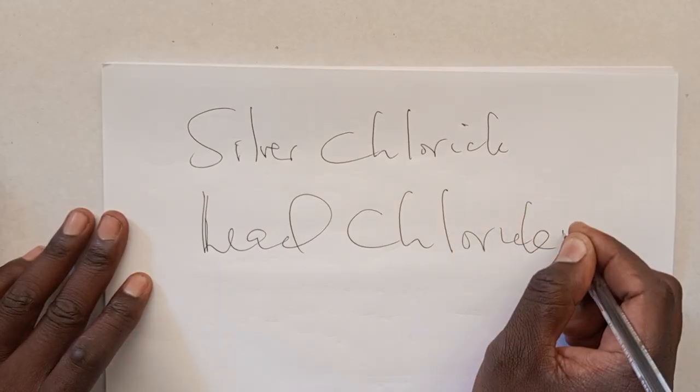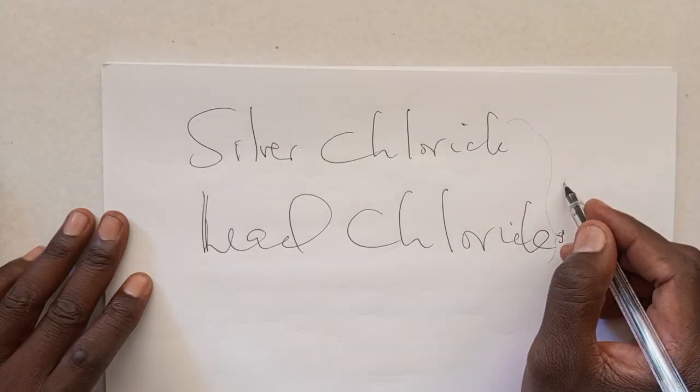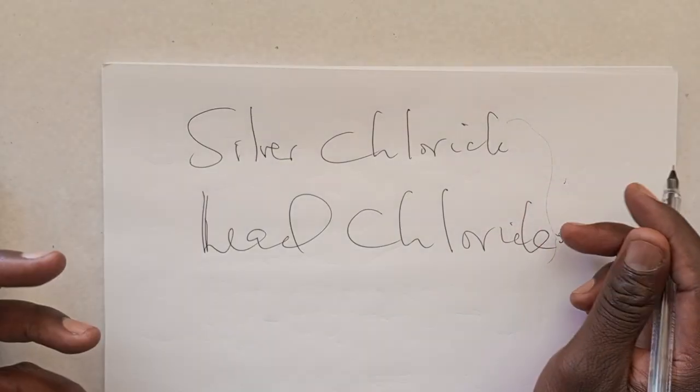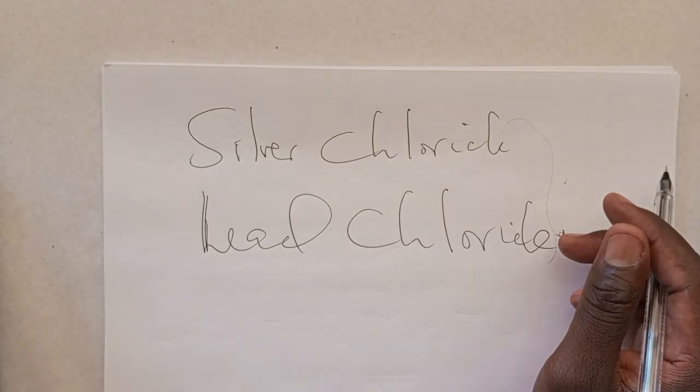These two are salts you can prepare by the process of precipitation. Precipitation is the process by which you prepare an insoluble salt by reacting two soluble salts.